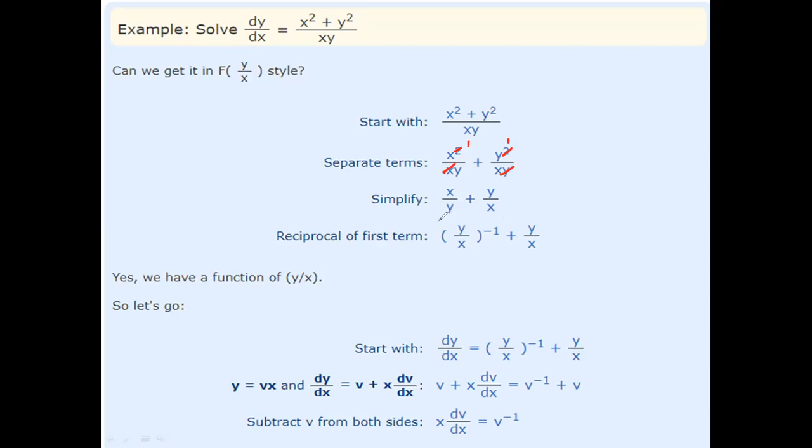So now you have y over x. What is y over x? We know that y over x, class, is the v. Your y over x is the v based on option 1.